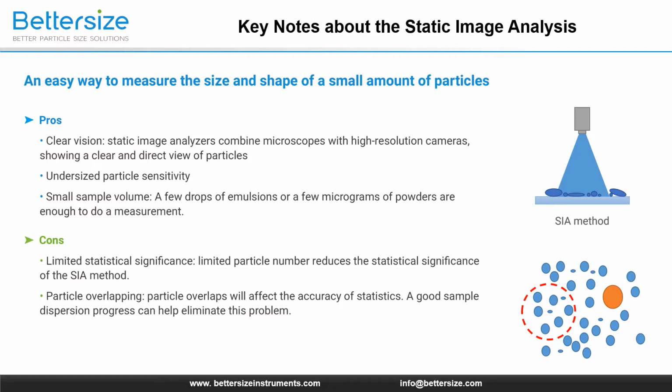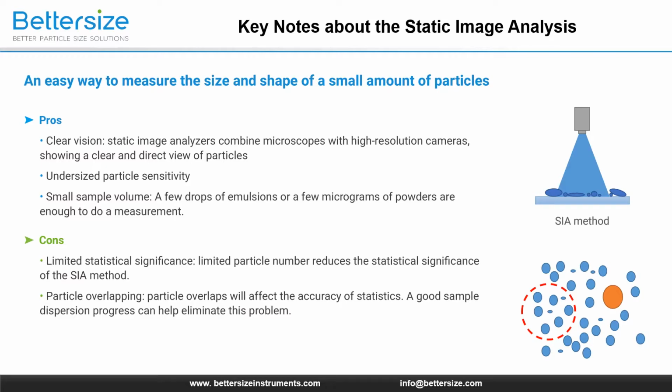It is possible to capture a highly magnified image and keep it clear without any blur or distortion. Also, based on features of the image analysis method, a static image analyzer can easily detect undersized particles or even estimate the size of tiny undersized particles.